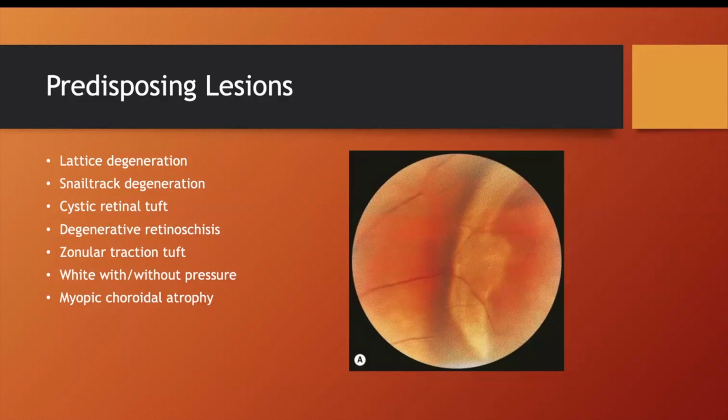Without pressure is an area you see on a posterior segment exam with a lens. With pressure is specifically when indenting. As you indent, you'll see an area of the retina that becomes white, and it doesn't move as you move your indenter. It stays where it is, and the edges stay discrete.